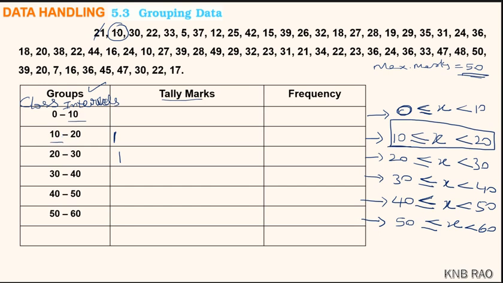So this 10 belongs to 10 to 20 rather than 0 to 10, okay. Then this 30, now where does 30 belong? Should I take it in 20 to 30 or 30 to 40? Any observation equal to 30 will fall here.